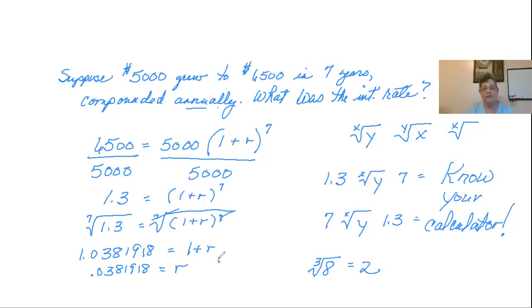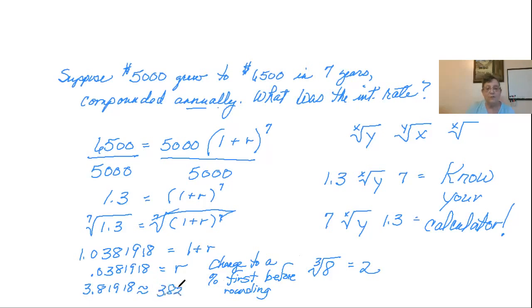Change it to a percent first before you round. So if it says round it to 2 decimal places, you change this to a percent first. It'd be 3.81918, which rounded to 2 decimal places is going to be 3.82%.